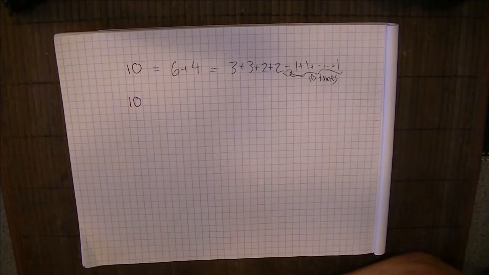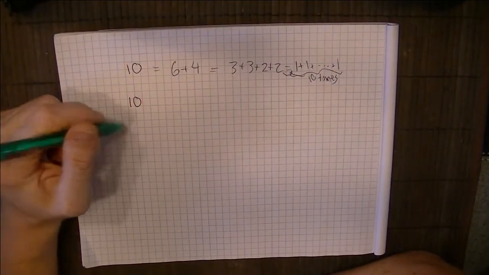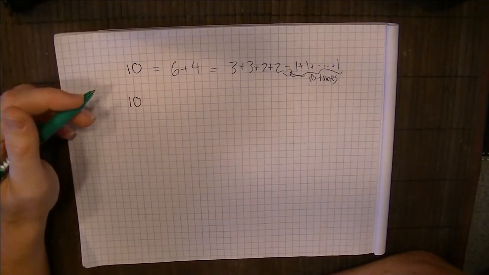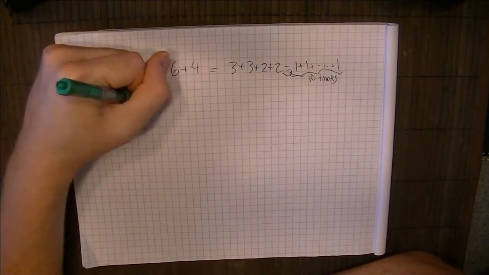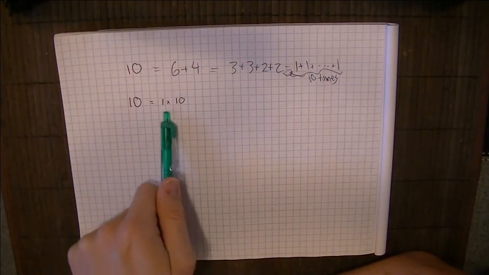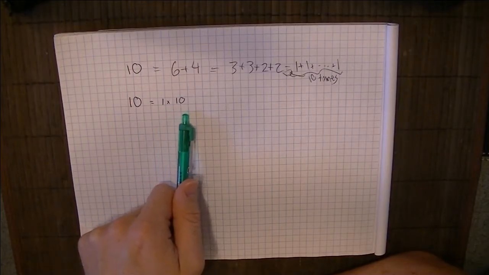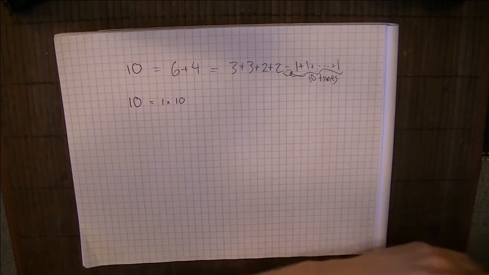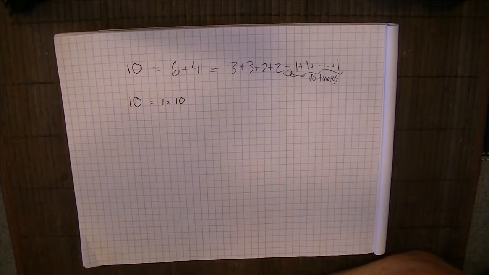Well, 10, we can break it into what are called factors. So for example, one way of factoring 10 would be 1 times 10. So what we've got here is 1 is a factor of 10 and 10 is a factor of 10. But that's, once again, the boring answer, right? Those are obvious.